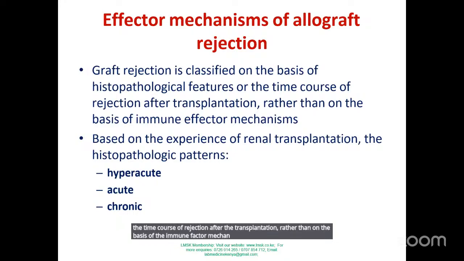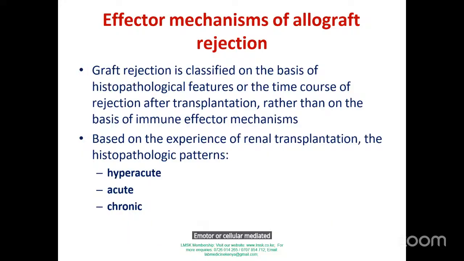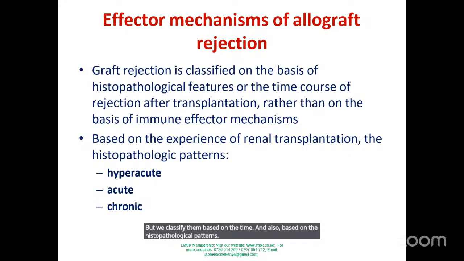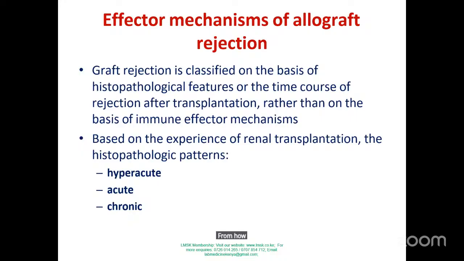So we don't classify them as either humoral or cellular mediated, but we classify them based on the time and also based on the histopathological patterns. Those which happen almost immediately, we refer to as hyperacute rejection, and how they present histopathologically is a bit different from how acute and the chronic phase present.